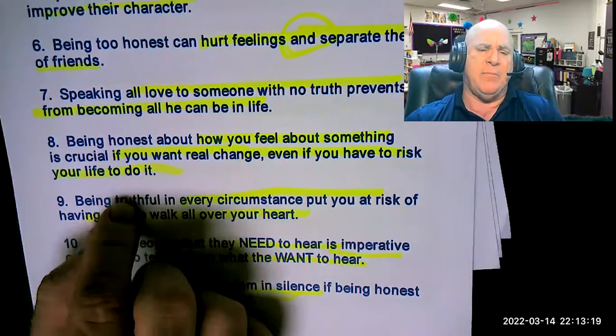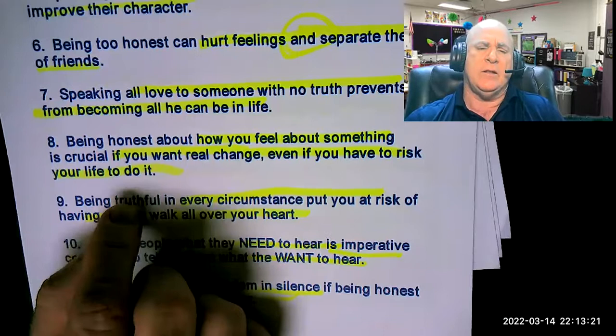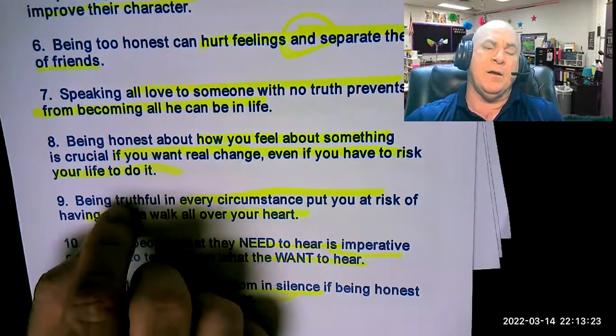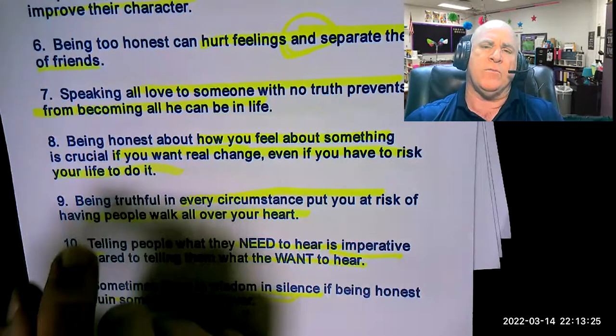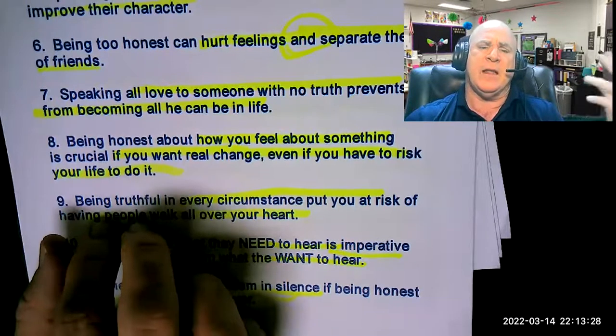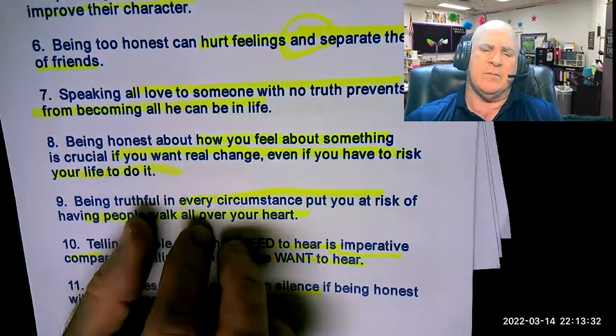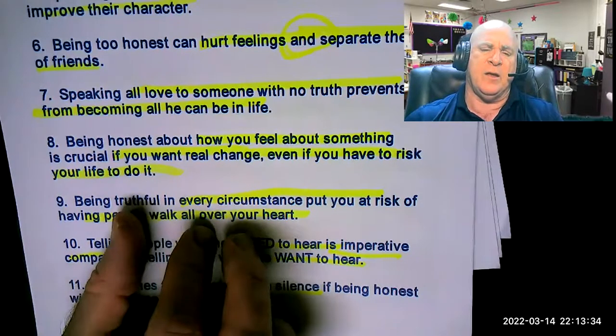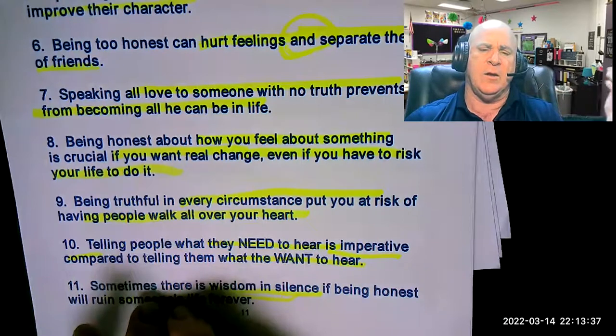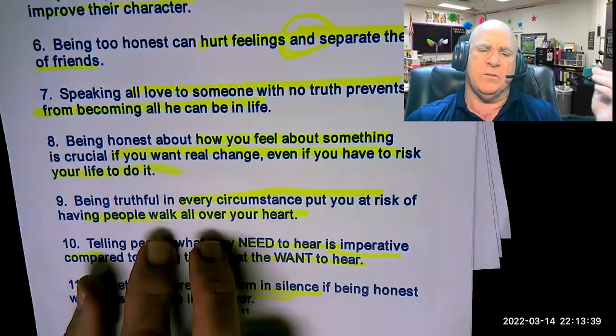Sometimes it's called TMI, too much information. And so you're opening another door for them to walk all over your heart and trample it and kind of tell everybody everything that you're sharing. And sometimes that causes a lot of pain. And so you would just have to explain why you wouldn't want to do that.